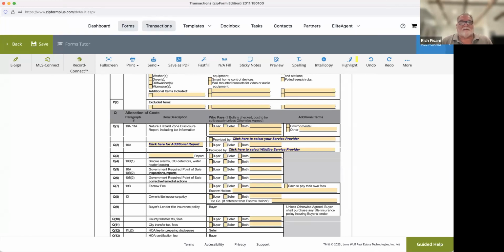I don't see a value in it, to tell you the truth, because part of the law taking effect January 1st is that it's going to be really clear on the NHD whether the property is in a high or very high fire zone, and that counts as state, county, and local. They're going to separately indicate that. So as long as you know that information going in, I don't really see a need for the wildfire service report, but Rich, maybe some people will.